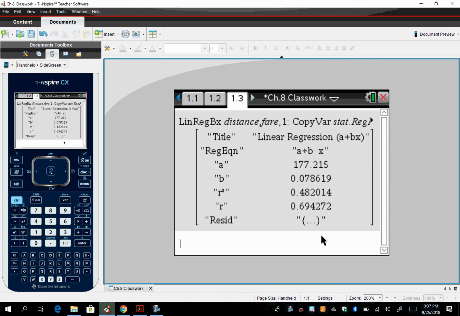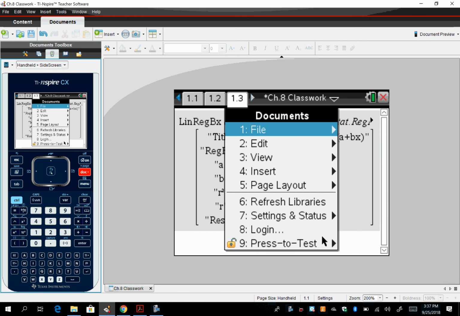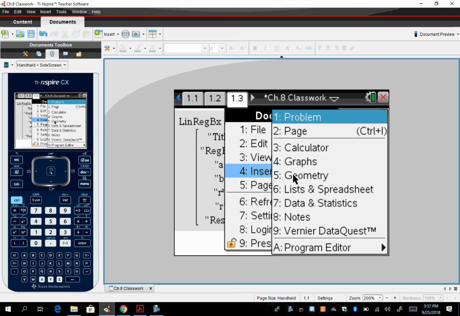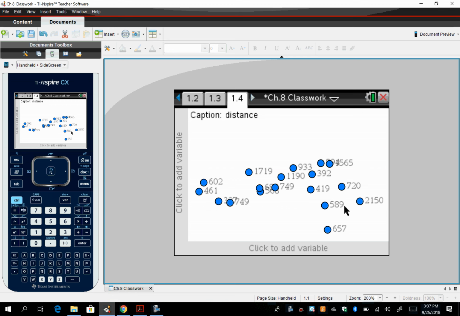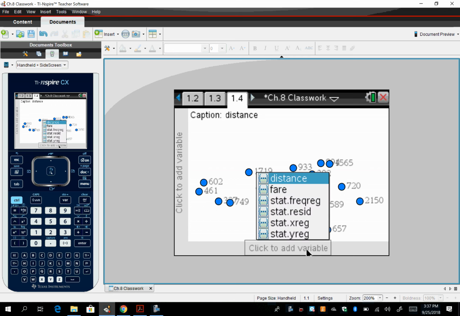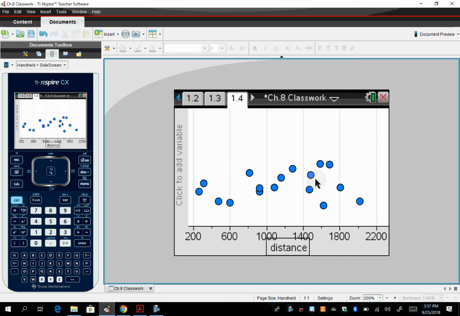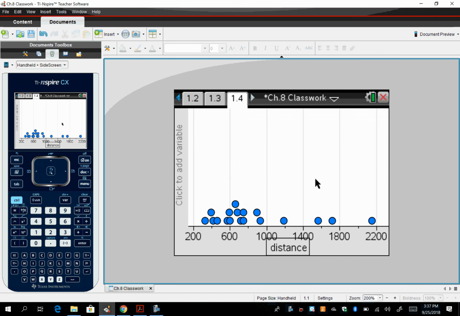Let's go back to the calculator. Doc. Insert. Data and statistics. We're going to do another scatter plot. Use the same explanatory. Okay, what was our explanatory variable? Distance. So the same explanatory is distance. You already noticed as I went to pick that one, there was other stuff in there.